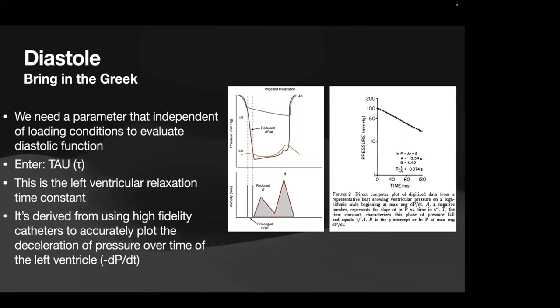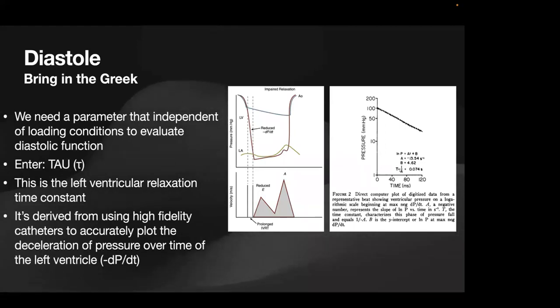And what they figured out is they can actually put in high fidelity catheters, and I believe Dr. Connolly and others have been doing this in our own lab, both with pressure volume loops as well as estimating tau, trying to find a very good tracing of the changes in your left ventricular diastolic pressures, or the isovolumetric relaxation phase. And you can guesstimate based on that the change of pressure, which estimates the change of stiffness.